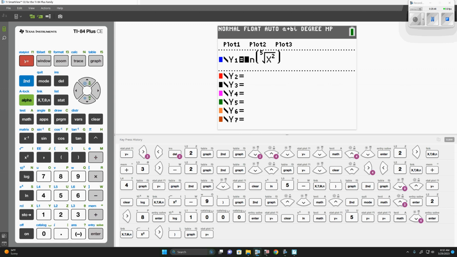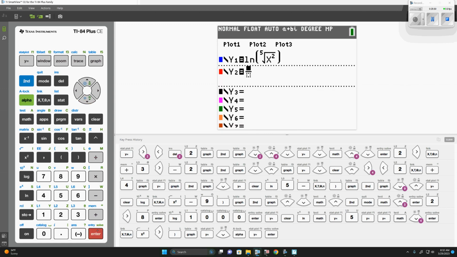Now what I can do, just to check it, is say alpha y equals enter. So what we found in a simplified form was 2/5 ln of x, yes? These should be the same function. So if I graphed it, the red graph should cover up the blue graph.